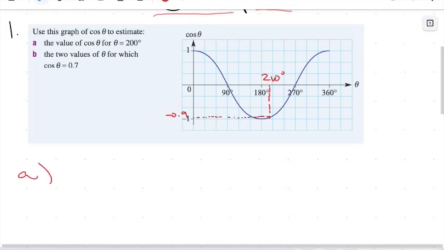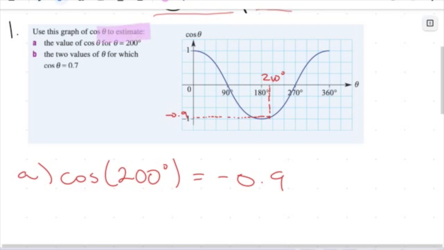So for A, I have the cos of 200. My input here is 200 degrees. That gives me around -0.9. And if you pop these into your calculators, you probably won't get exactly that, but you'll get something quite close. Remember, here we are just estimating some trig ratios.